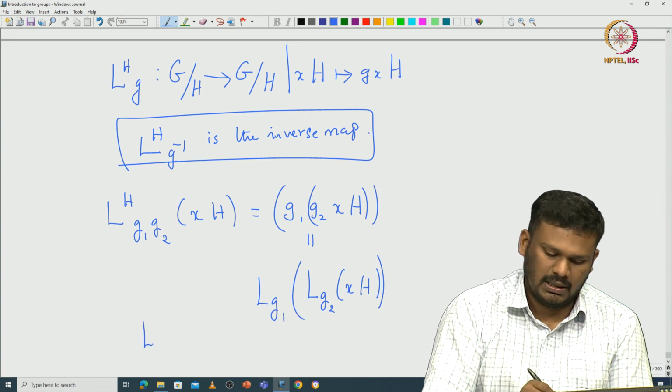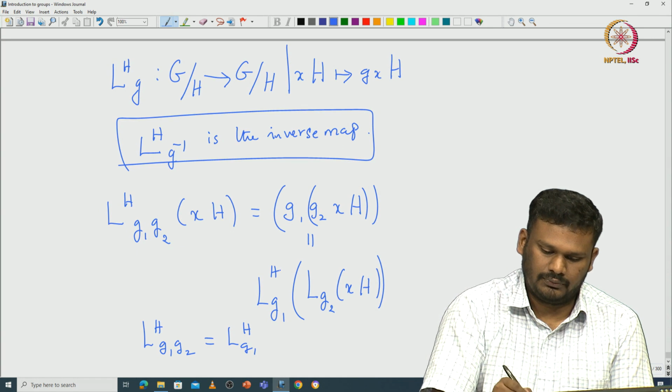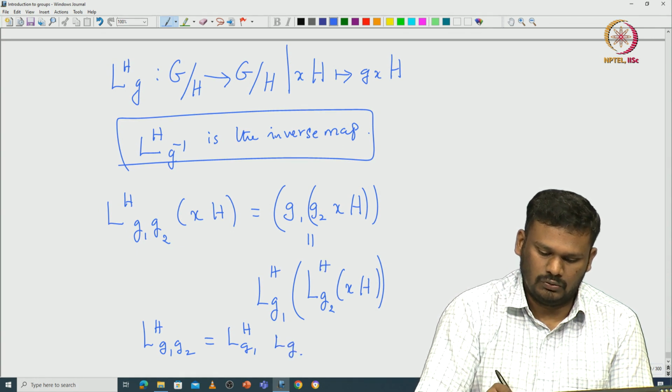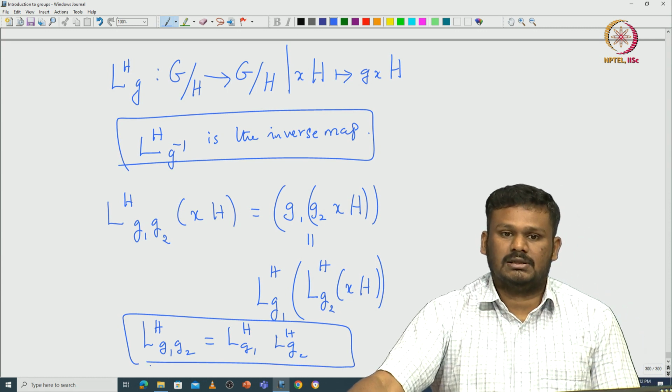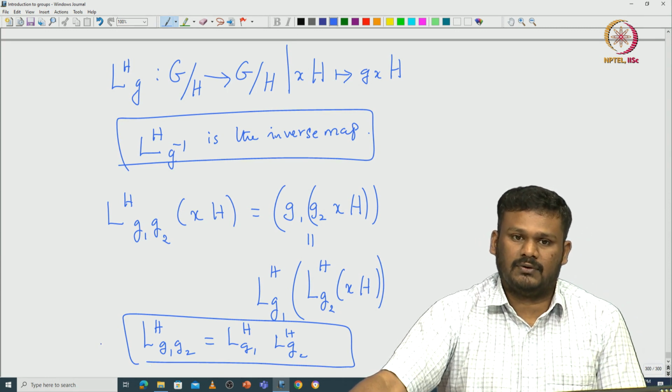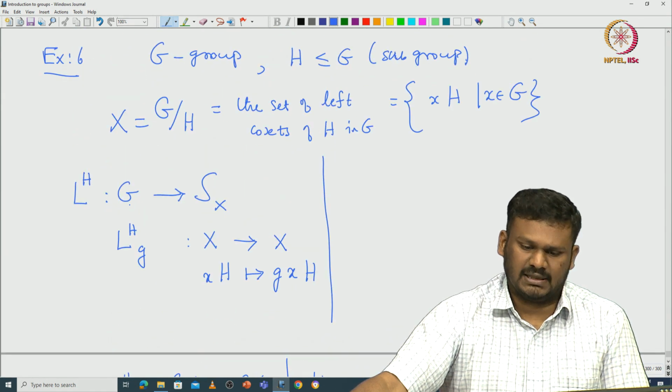That tells you that L_{g1 g2} is the same as L_{g1} L_{g2}. So, that proves that this map is indeed a group homomorphism from G to S_X, and this indeed defines an action.